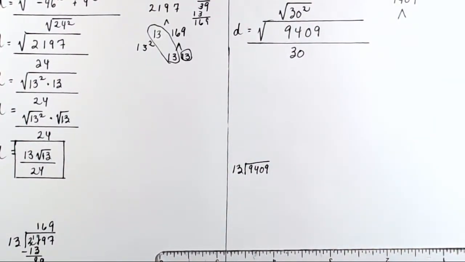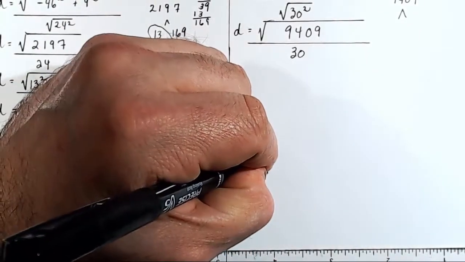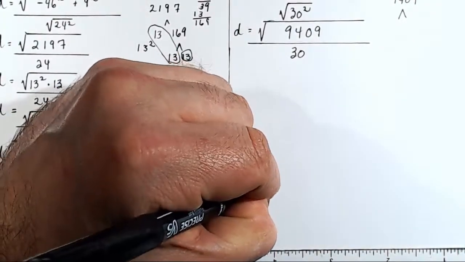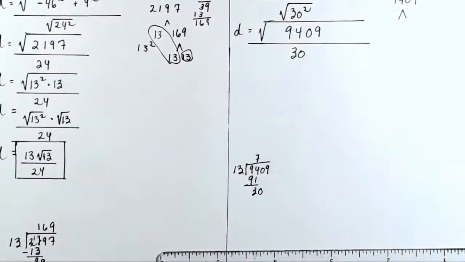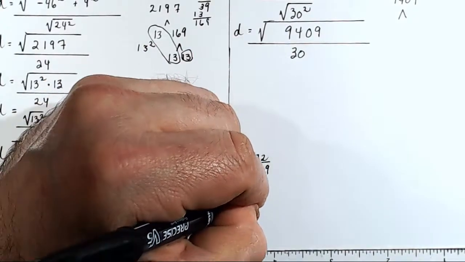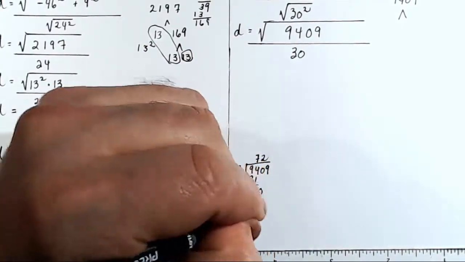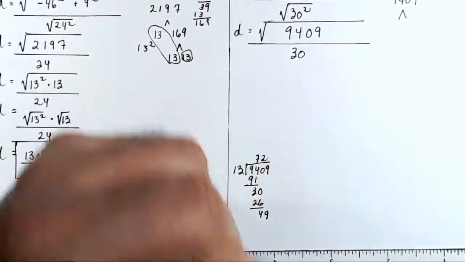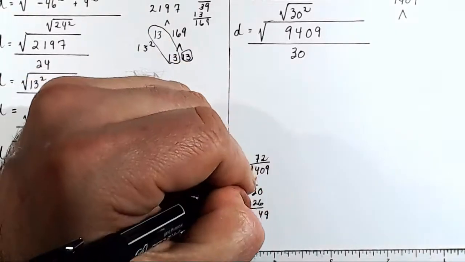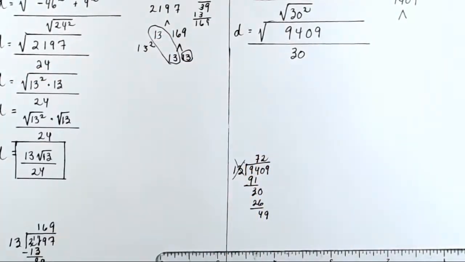What do we learn from that other problem? 7 times? Because that's 91, right? 91. I don't even know if this is going to work. Okay. 13 goes into 30 twice. That's 26. And I don't think it's going to work because this is 49. And 13 times 3 is 39, not 49. So this didn't work. So 13 is not a factor.